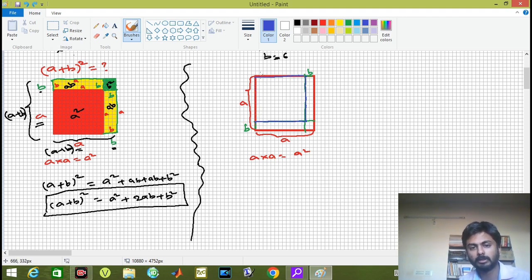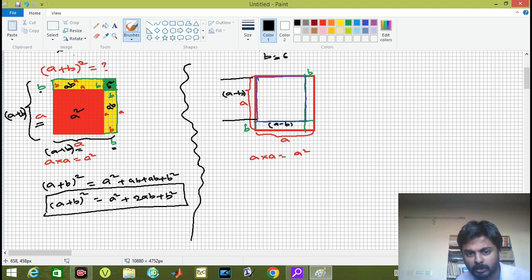So this has the length A minus B and the breadth A minus B. Till this A minus B and also here till this A minus B. This blue color only will be A minus B.